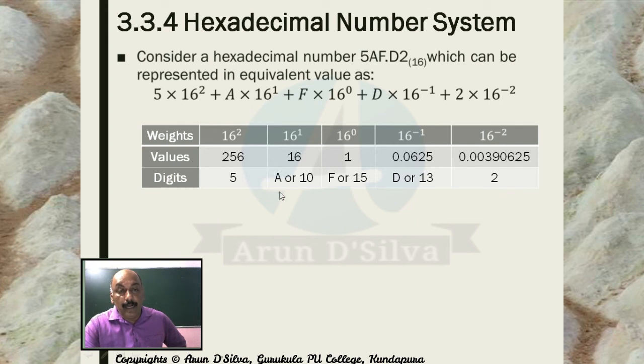If we multiply by the respective digit to this number and take the sum, you will get the decimal equivalent number. This is the way, my dear students, we will represent all 4 different types of number system: decimal number system, binary number system, octal number system, and hexadecimal number system.